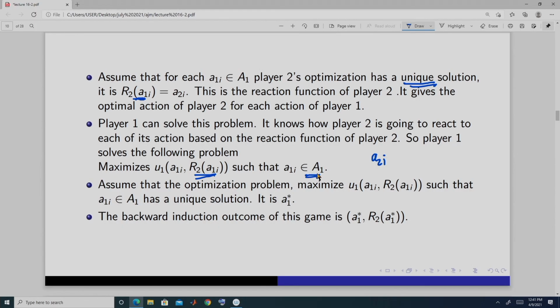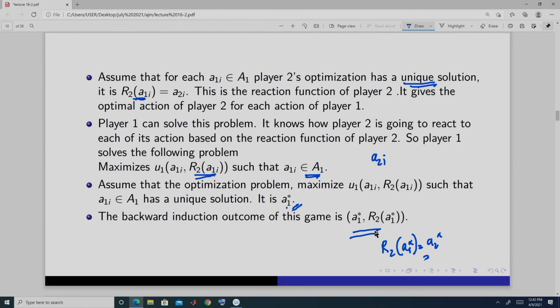Okay. And we assume that it has a unique solution, otherwise it is a problem, and then we get an optimal choice like this. So, the backward induction outcome is that player 1 is always going to choose A1 star, and player 2 is going to choose A2 star, which is the reaction function evaluated at A1 star. So, this is the backward induction outcome.